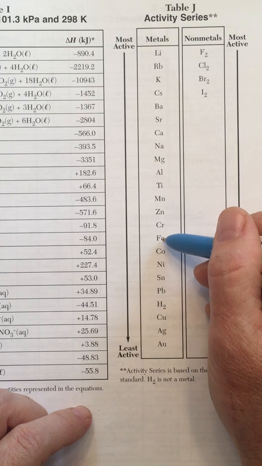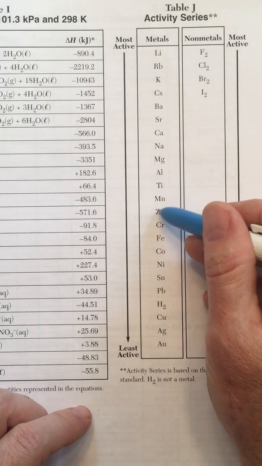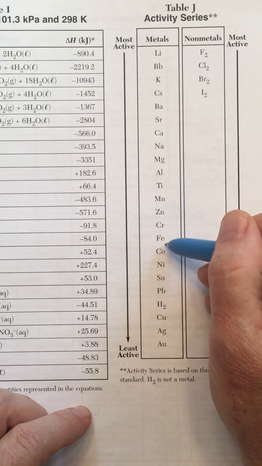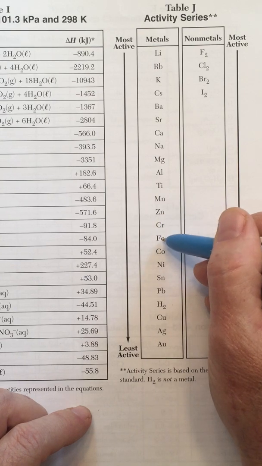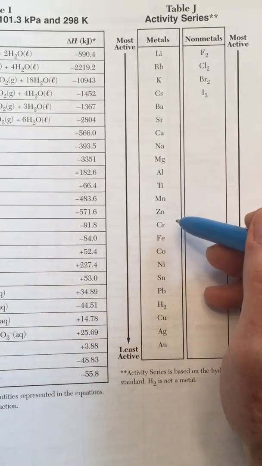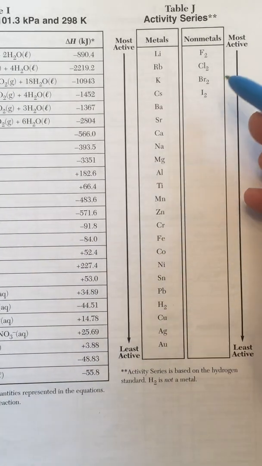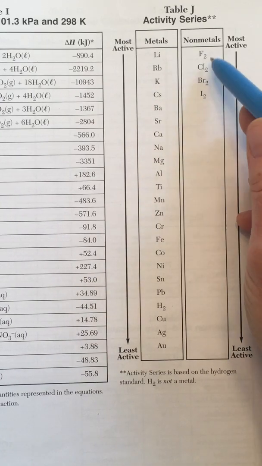So iron has a higher electronegativity than zinc. Therefore, it pulls the electrons from zinc in order to reduce, or gain electrons, for the iron. Okay? So that's essentially the background with Table J.